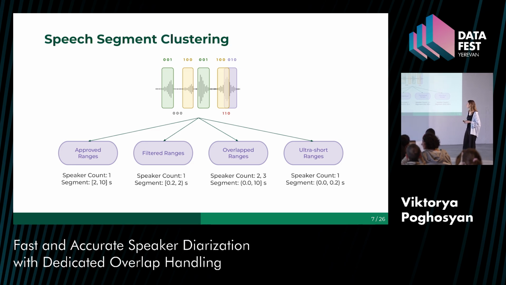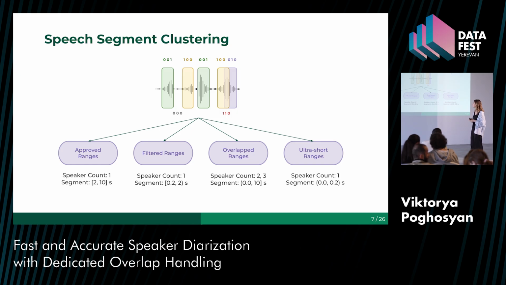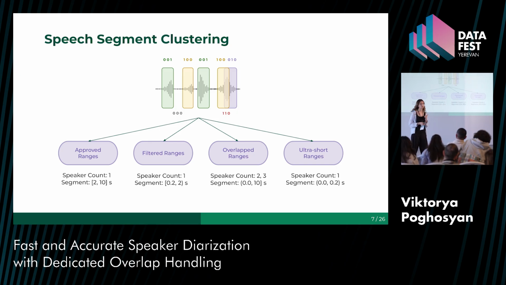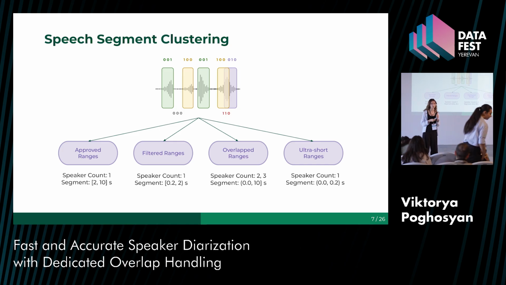Approved ranges are single speaker ranges, whose duration is between 2 to 10 seconds. Why specifically, and why is it called approved? From approved ranges, we extract a 2-second identifier to make a comparison. By approved, you mean manually approved?